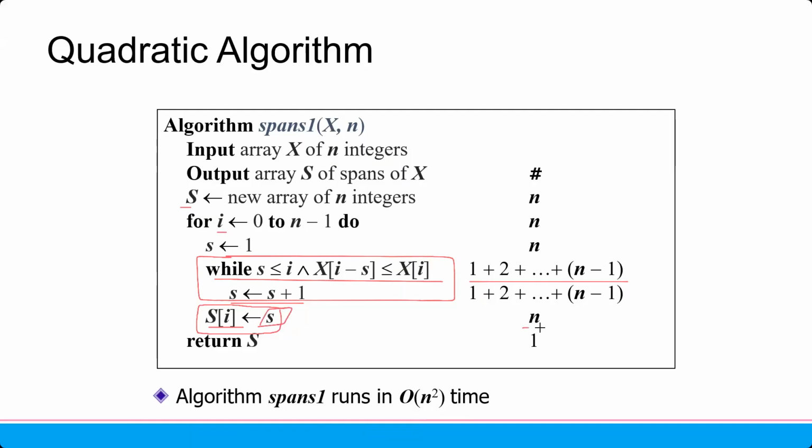So this is n times, until we have n, and then this is another n times. Then this algorithm span 1 will run n power 2, because this is n and this is another n. So n multiplied by n, and it is n power 2.